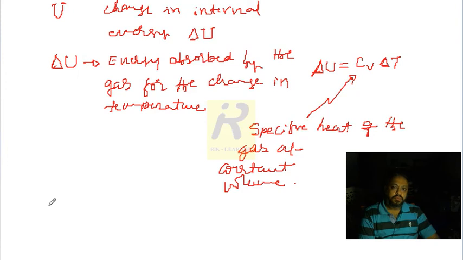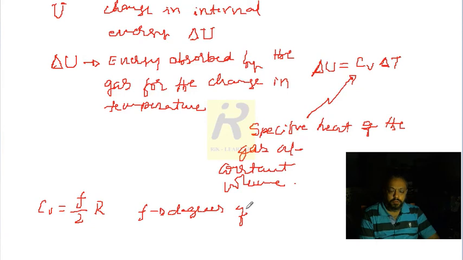For this, Cv is nothing but F divided by 2 into R. Here, the letter F stands for degrees of freedom of the gas, and R is the universal gas constant.